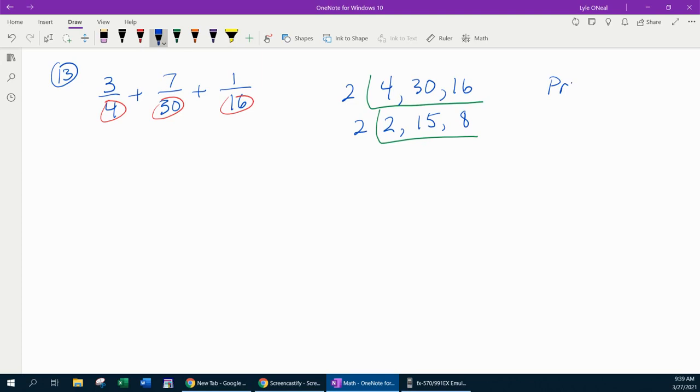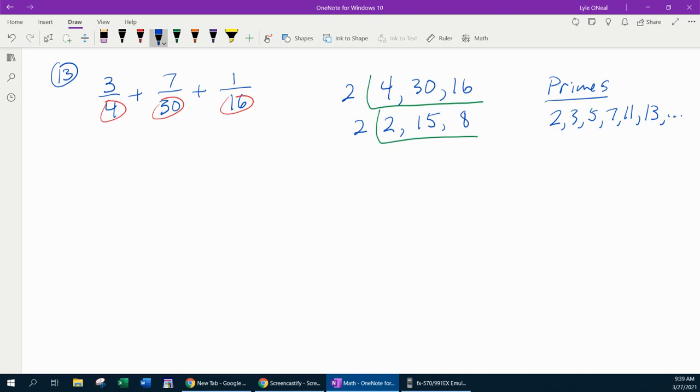Remember that you need to use prime numbers. So we're only allowed to use primes. And the prime numbers in order from smallest to biggest would be 2, 3, 5, 7, 11, 13, and so forth. And you kind of need to know your prime numbers.